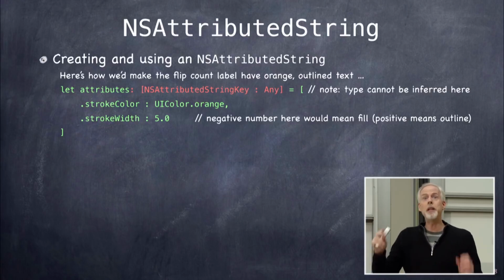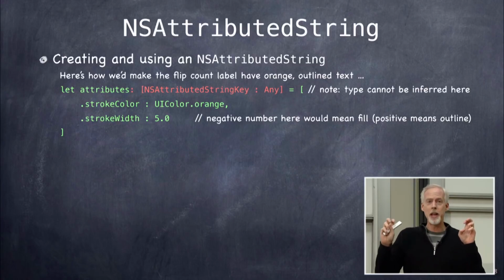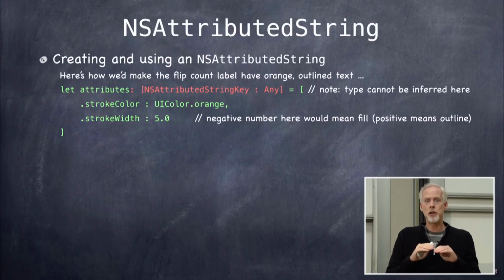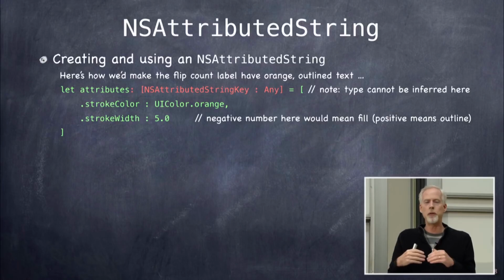And then the value is Any, okay? Any is a special Swift thing that means anything can go here. Any struct, any class, any type. So this is very non-Swift, because Swift is strongly typed, and here there's no type, okay? You would never have an API like this in Swift. If this weren't an Objective-C API brought forward to Swift, you would never have this.